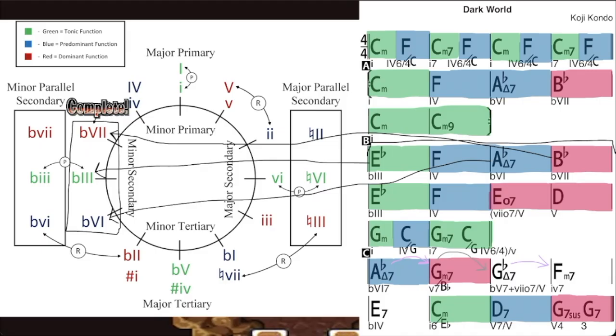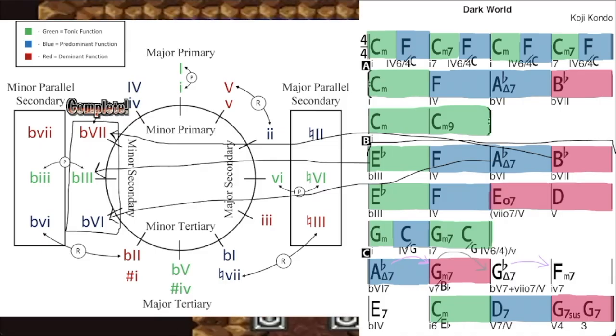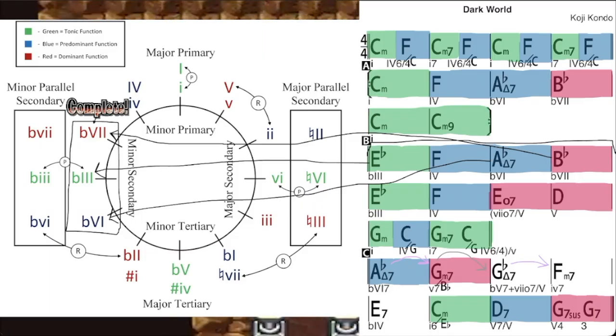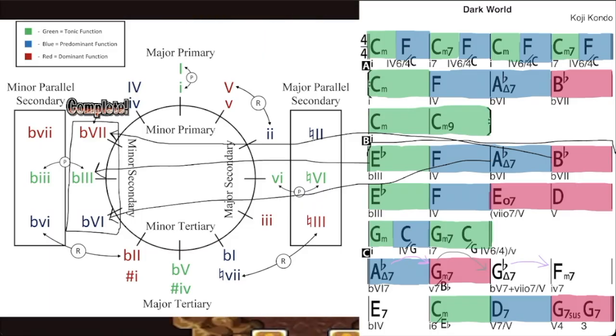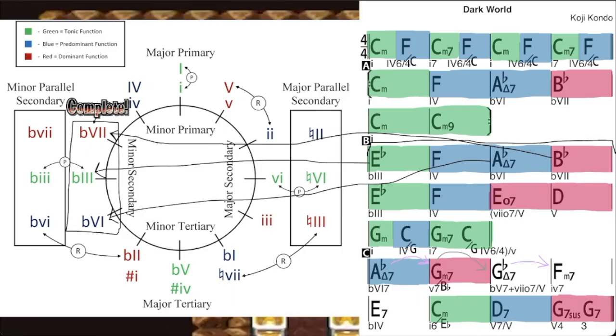And that's why I mentioned before that it sounded sweet in the B section, because when you have this E flat chord, which is borrowed from the minor secondary chords, alongside the other minor secondary chords, it starts to make you hear things in the relative major, which sounds sweeter.